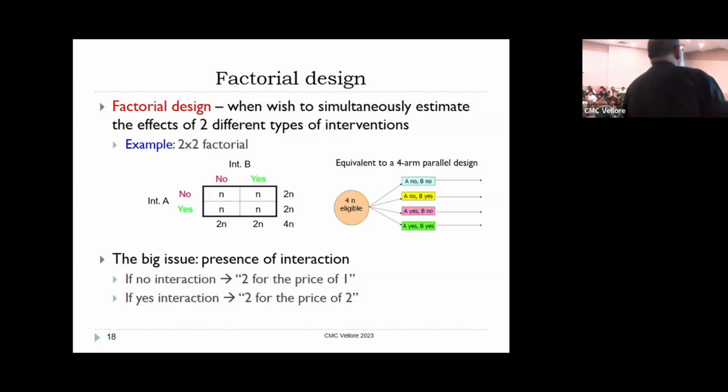If you have no interaction, then the effect of A doesn't depend on whether you get B or not. Then you can look at these 200 and 200, and you can look at these 200 and 200. So you get two studies for the price of one.